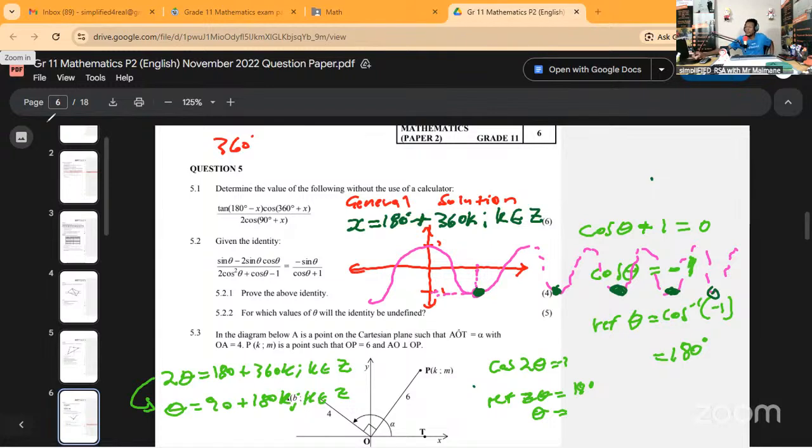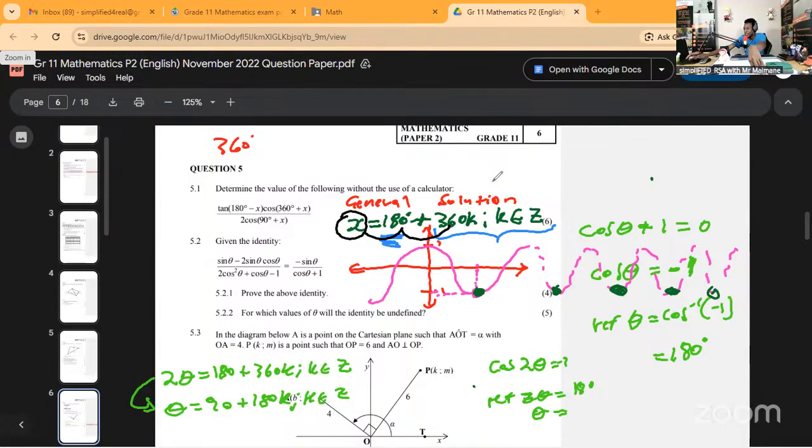So the important part about the general solution is you must write it, whatever angle you get as your reference angle, you must stretch that part there. And it will also be determined by whatever value you have on the angle, whether it affects the 360 and the 180 or whatever initial angle you may have.